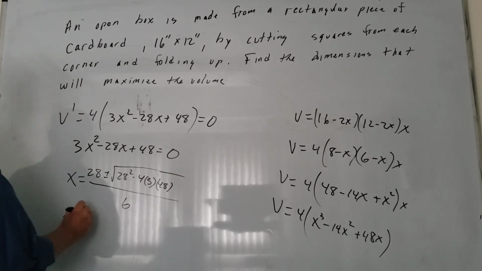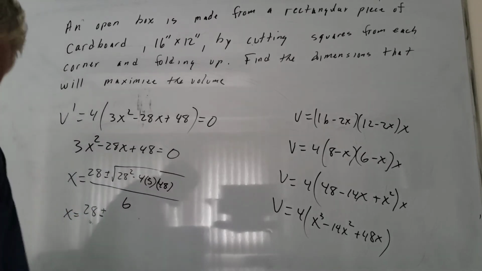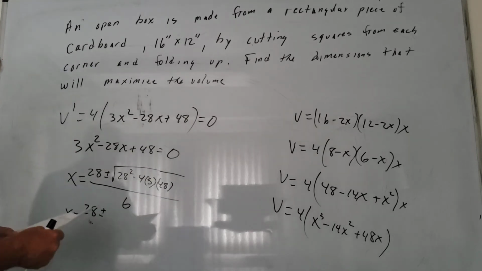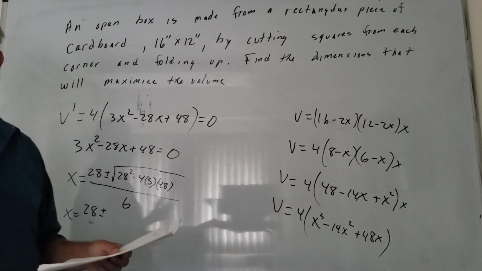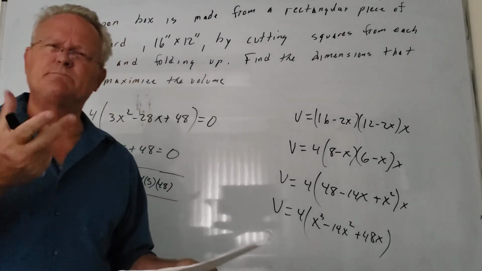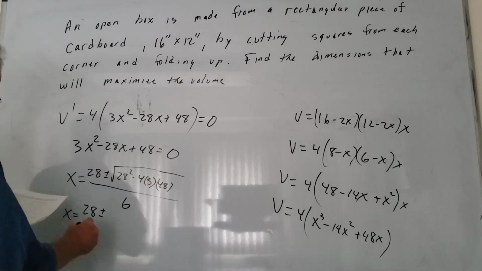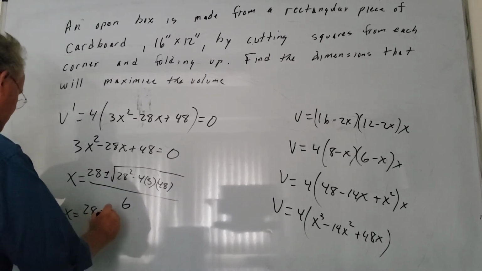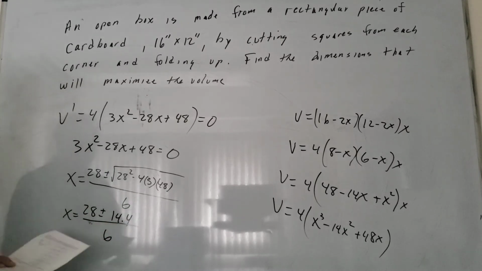Just to save a little time, when we plug this in and take this square root to get a decimal equivalent, rounded to 1 decimal place, we get 28 plus and minus 14.4 over 6.